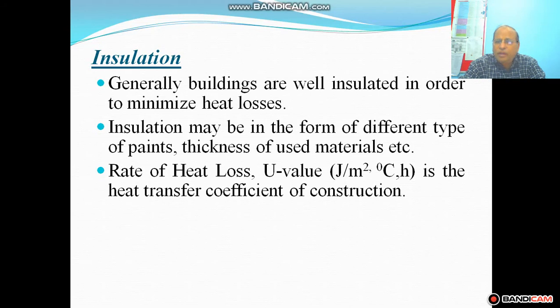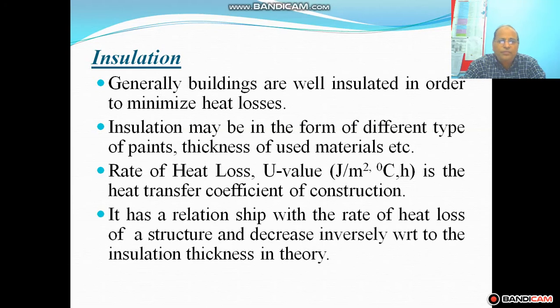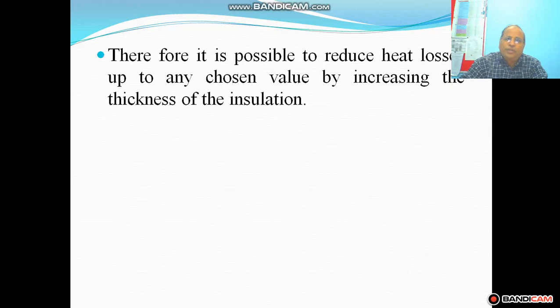The U value, the rate of heat loss in joules per meter square per degree centigrade hours, is the heat transfer coefficient of construction. It has a relationship with the rate of heat loss of a structure and decreases inversely with respect to the insulation thickness in theory.